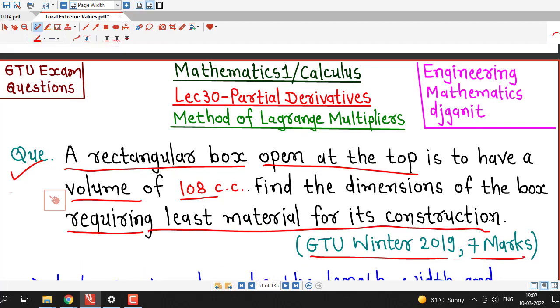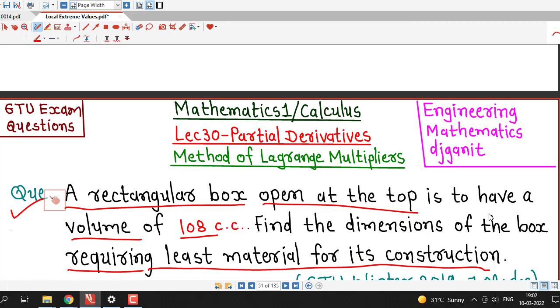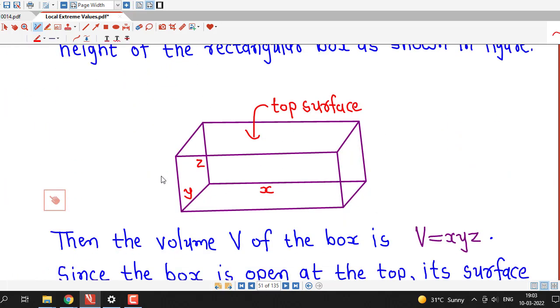So here we have to construct a rectangular box which is open at the top and having volume 108 cubic centimeter in such a way that least material is required for its construction. So we have this type of situation. Suppose I consider this rectangular box and it is open at the top.